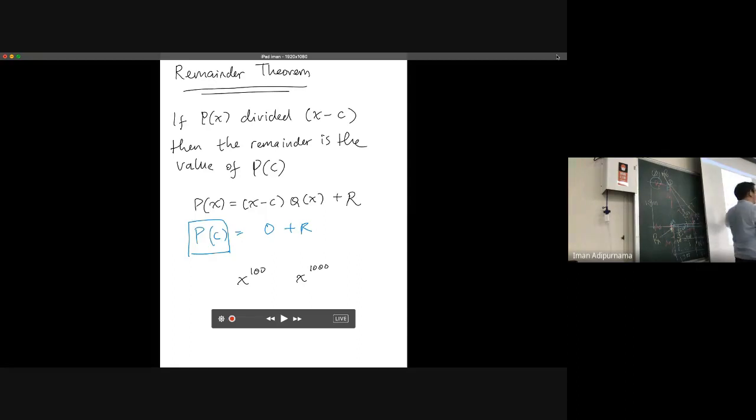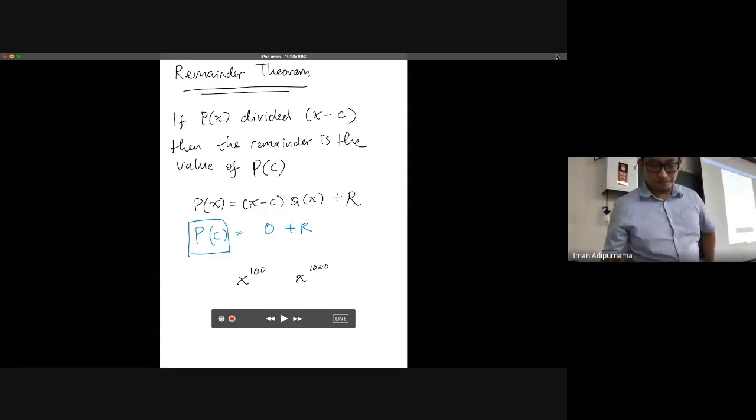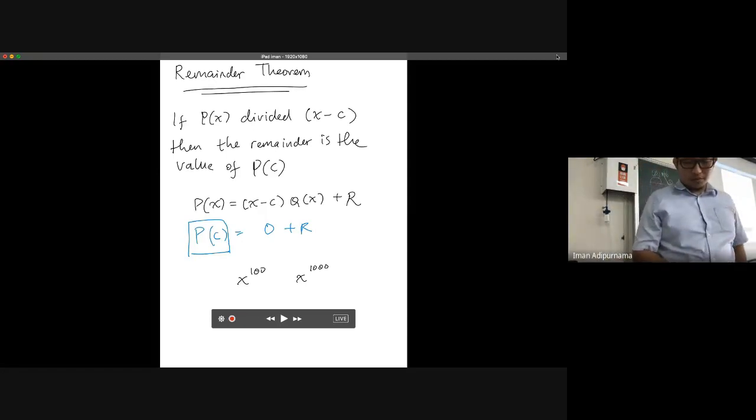This theorem can help you solve questions with really high degree polynomials. I'll give you an easy example first. So this is the remainder theorem.